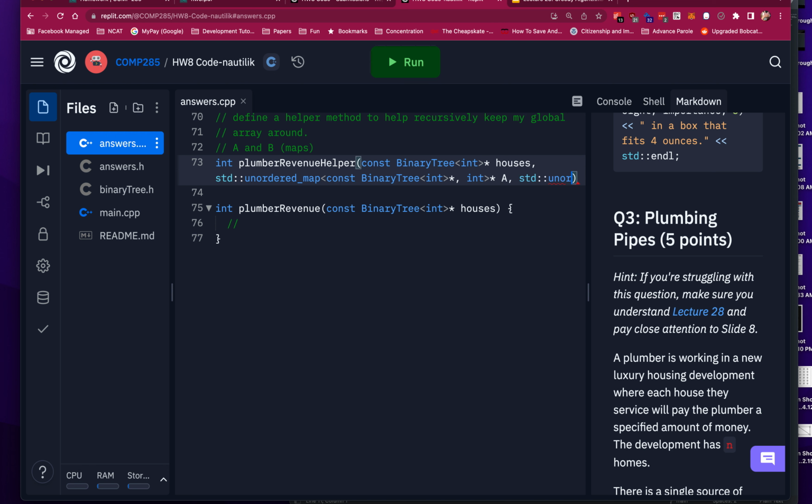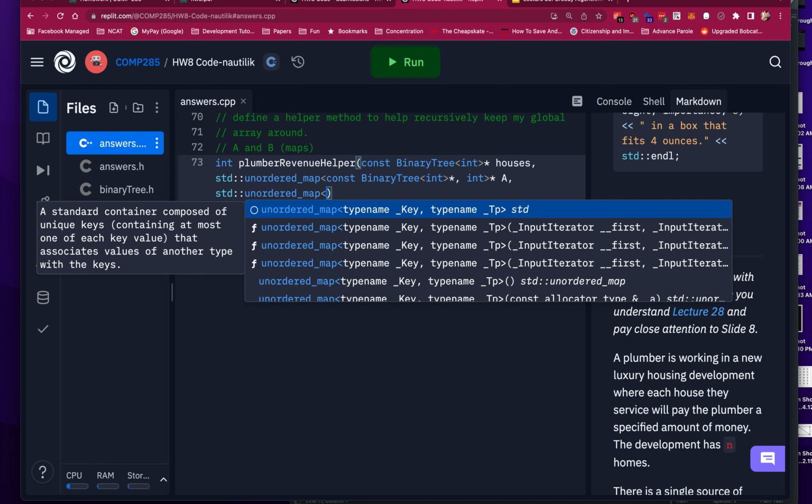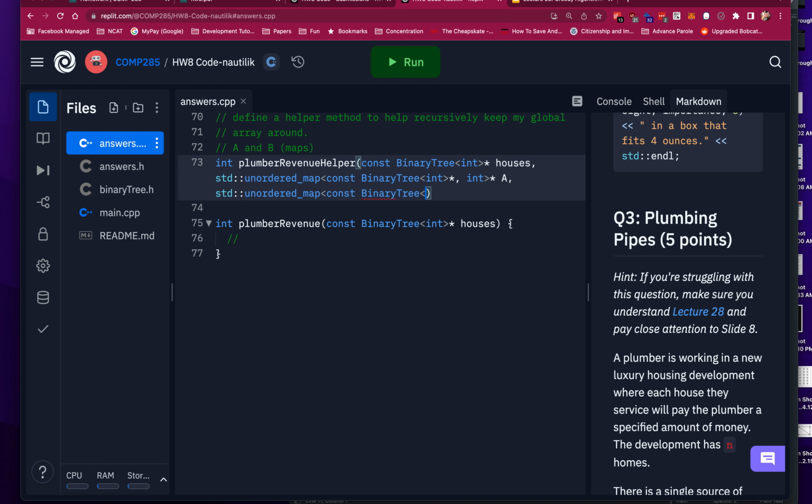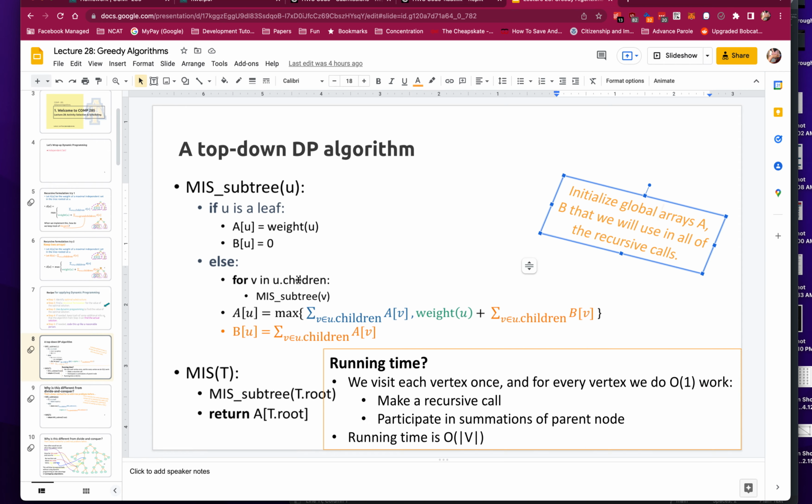And then I'm going to have a similar map, which is the exact same type signature, called B. These are going to be my A and my B here, right?